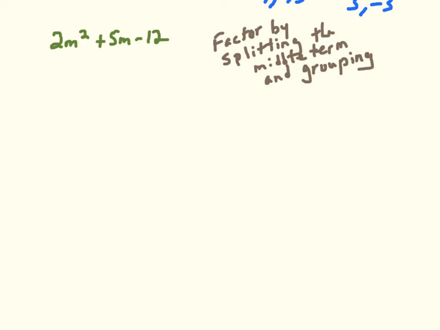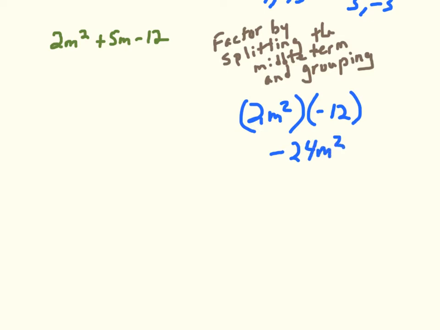The way it works is, I multiply 2m squared by -12, and I get -24m squared. Now what I want to do from there is think of factors of -24m squared that sum to 5m. This works much like the technique when you had a lead coefficient of 1.